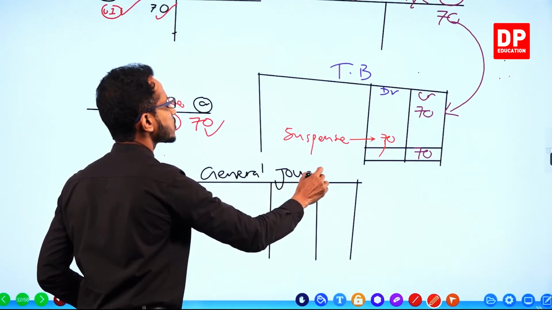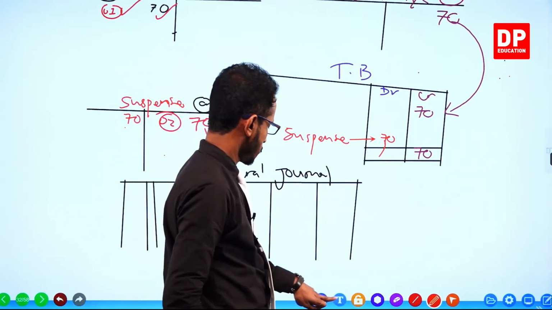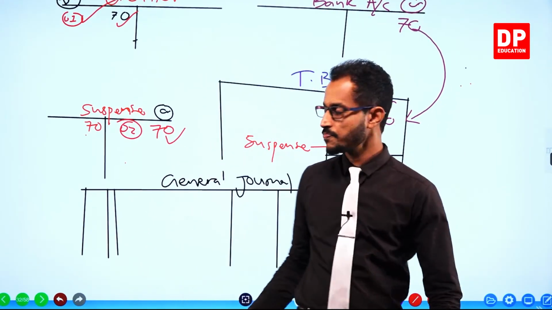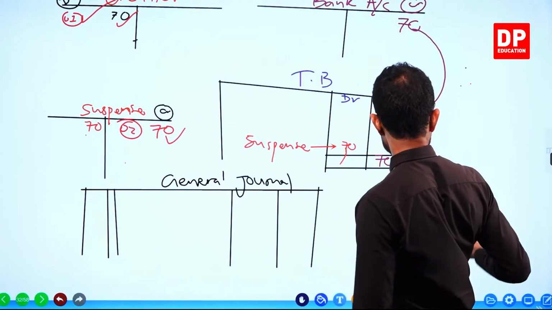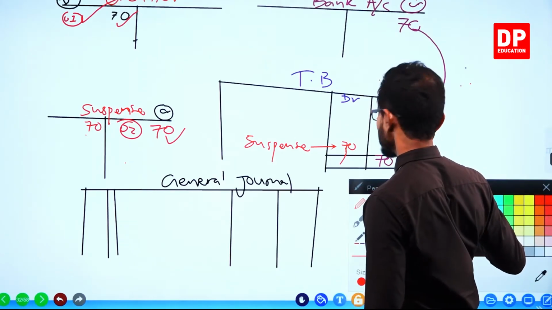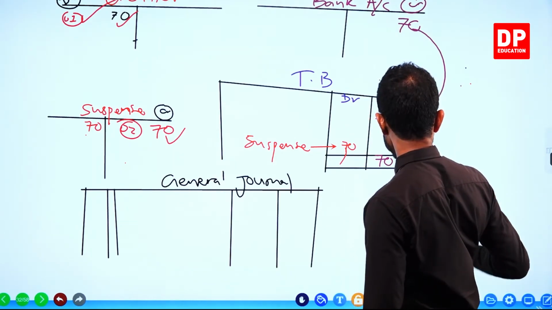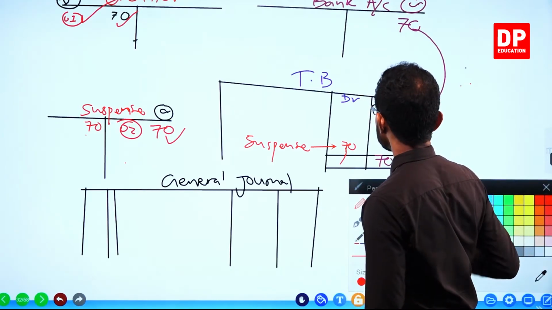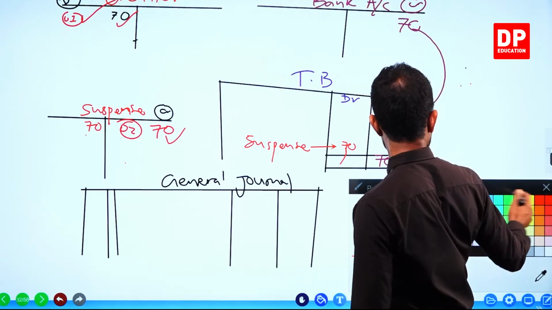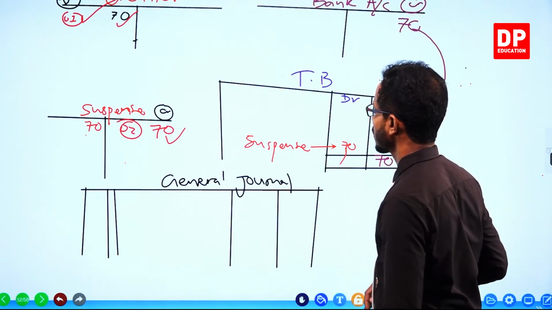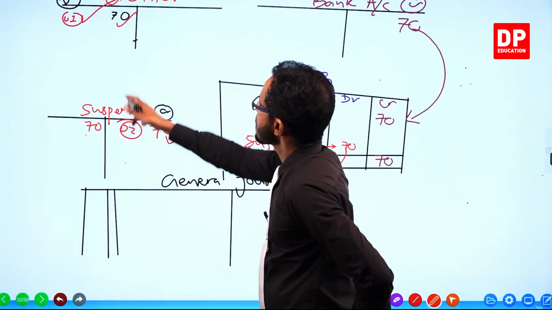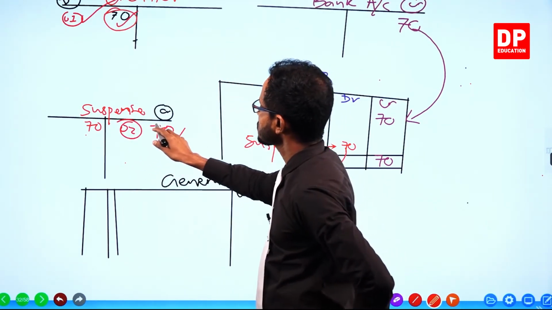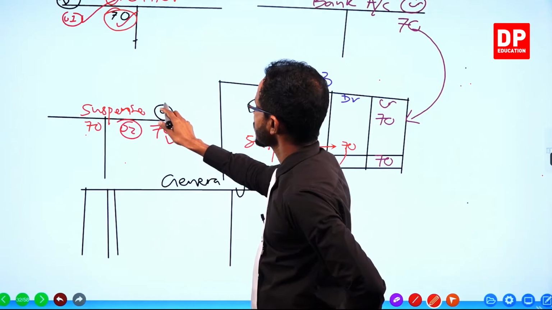And you should record the correction entry, or the rectifying entry. That's what we call it. What is the rectifying entry? Creditors account, debit; suspense account, credit.